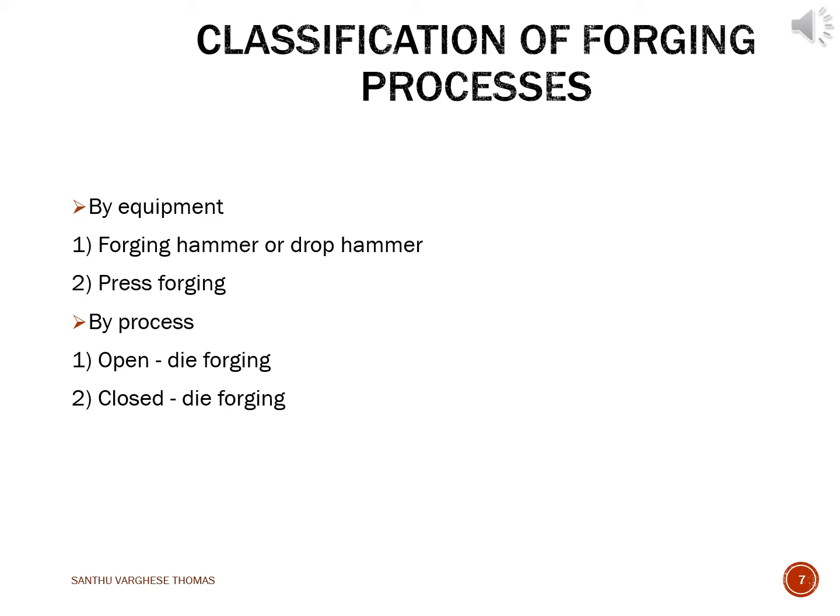The forging process can be classified based on equipments and based on process. By equipments, it can be classified into hammer forging or drop hammer forging, or as press forging. By process, it's classified into open die forging and closed die forging.